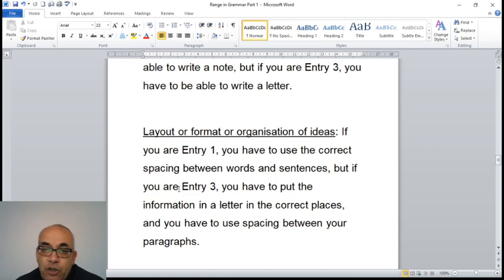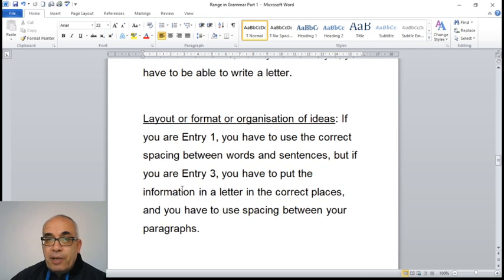Now, layout. What is the range of layout or format or organization of ideas? If you are entry 1, you have to use the correct spacing between the words and sentences. But if you are entry 3, you have to put the information in a letter in the correct places, and you have to use spacing between your paragraphs.